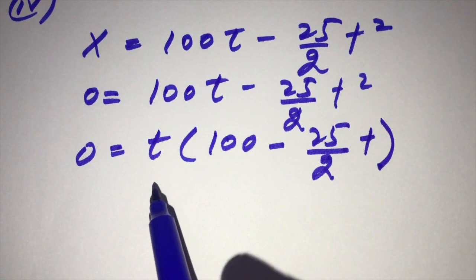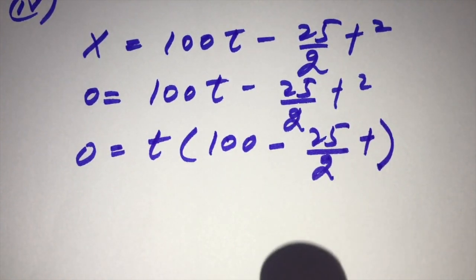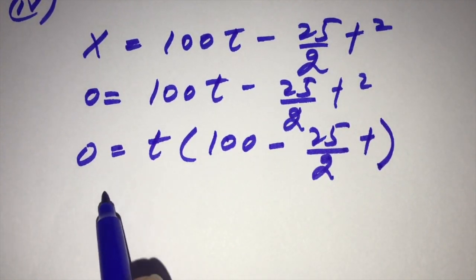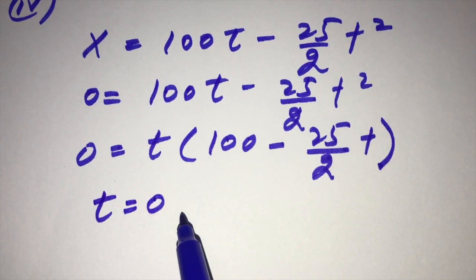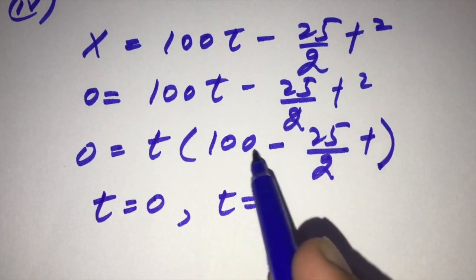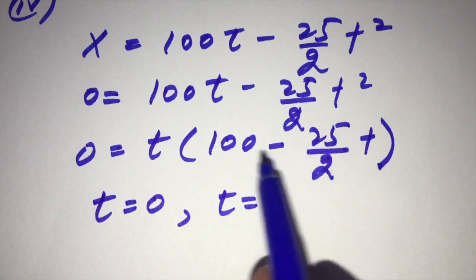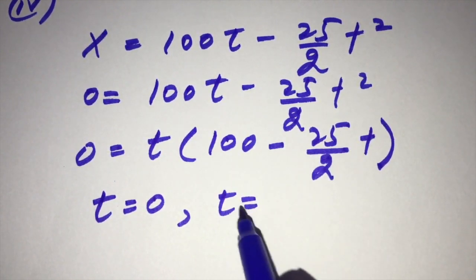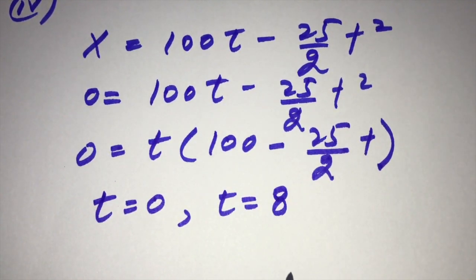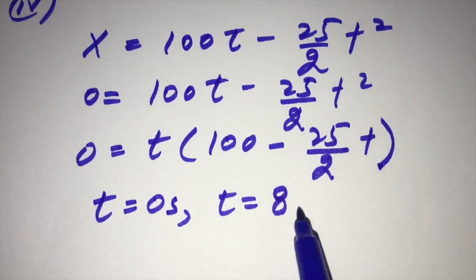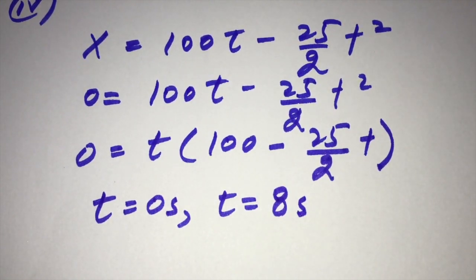Now we have two answers for t. One is t is equal to 0 and the other, which comes from this equation, is t is equal to 8. T is equal to 0 second or t is equal to 8 second. The displacement is equal to 0 because the missile starts from a point and after covering a long distance comes back to the same point.